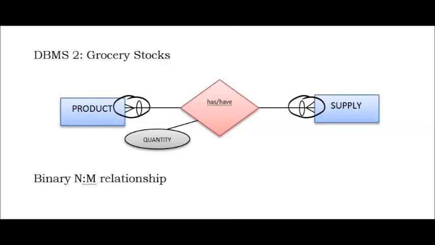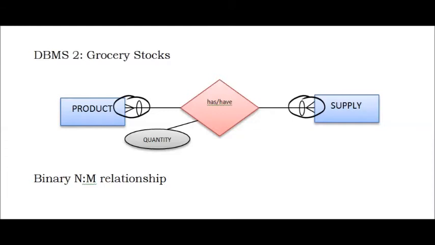I have here the quantity that is in the relationship, that is connected in the relationship. I have discussed it previously and why we have the quantity here. It is a very important thing.